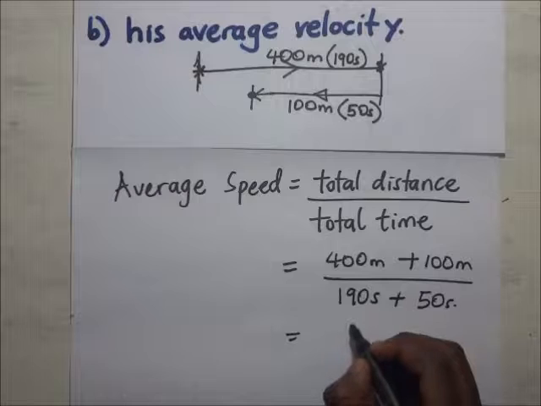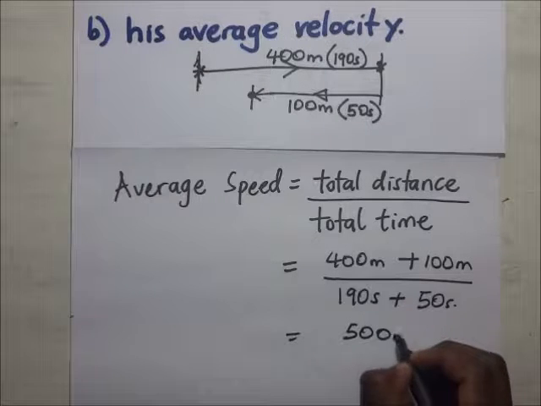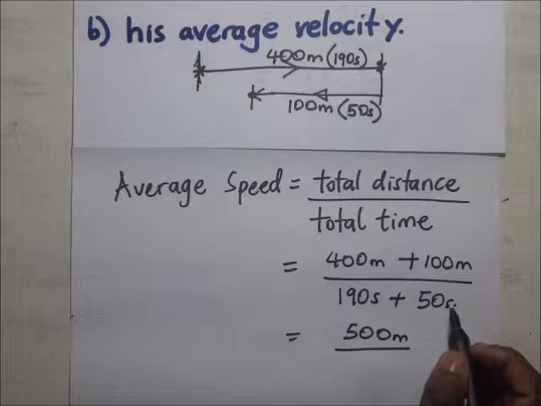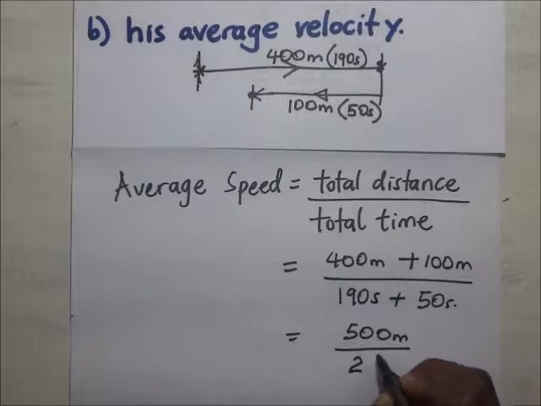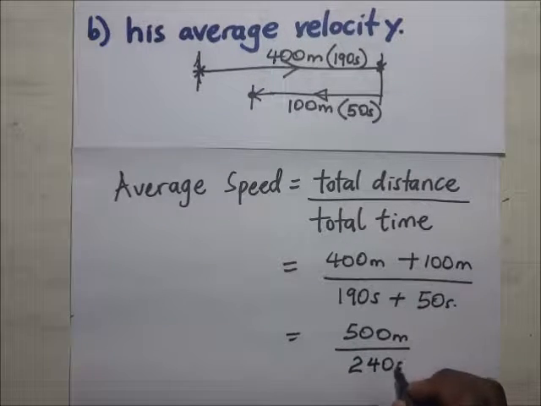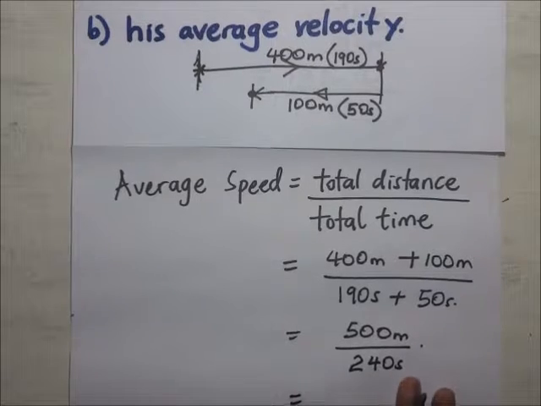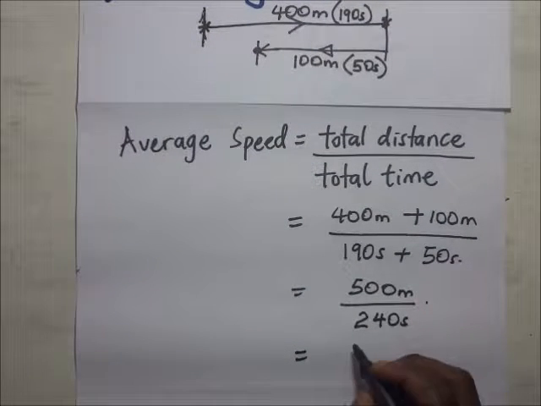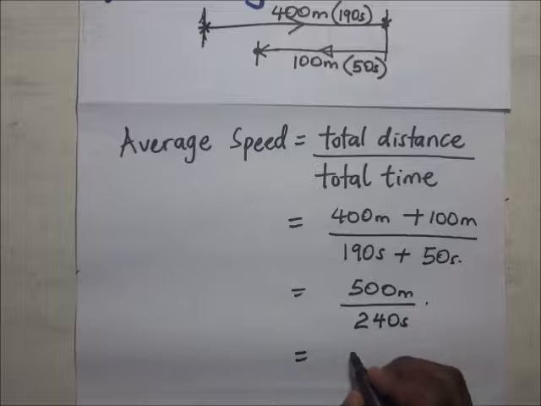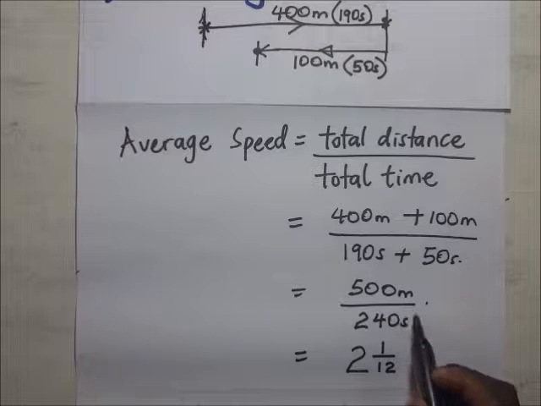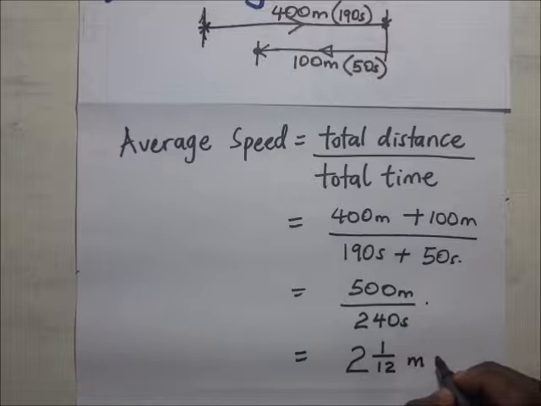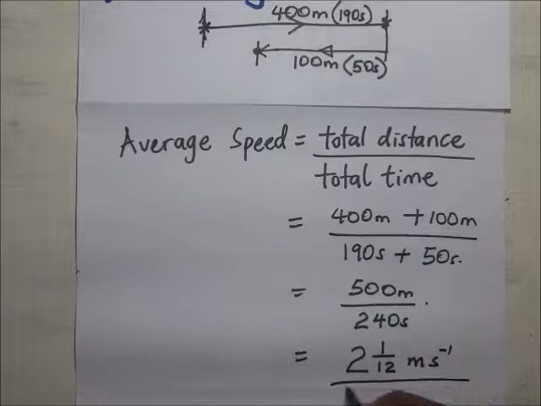So the total distance is going to be 500 meters, divided by the total time taken. The average speed is going to be 1 meters per second.